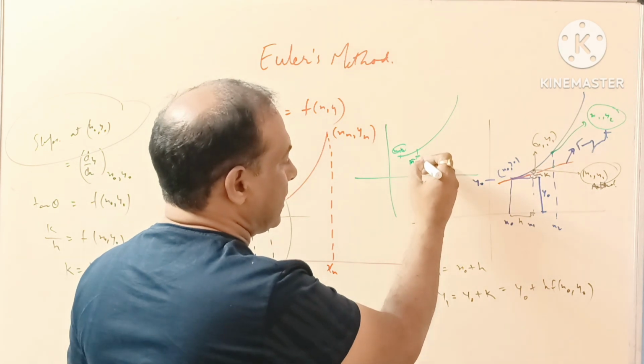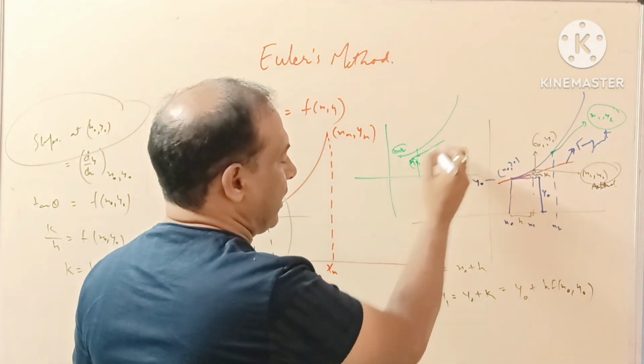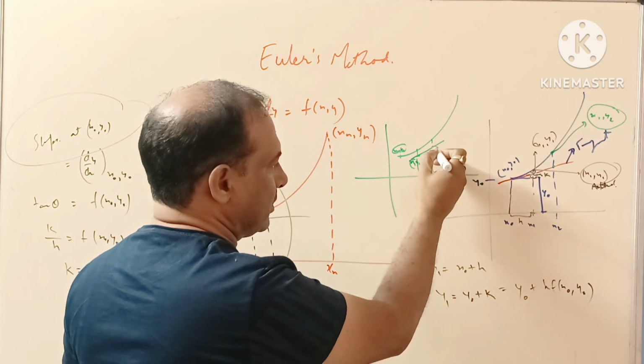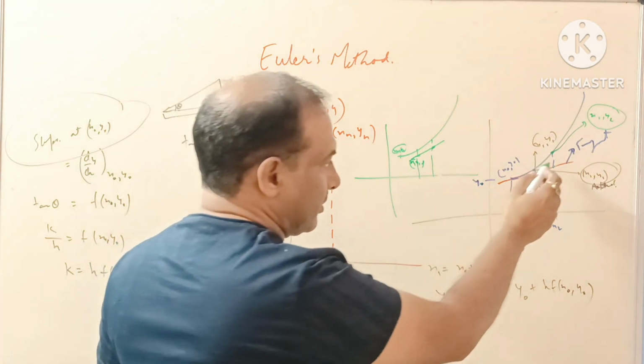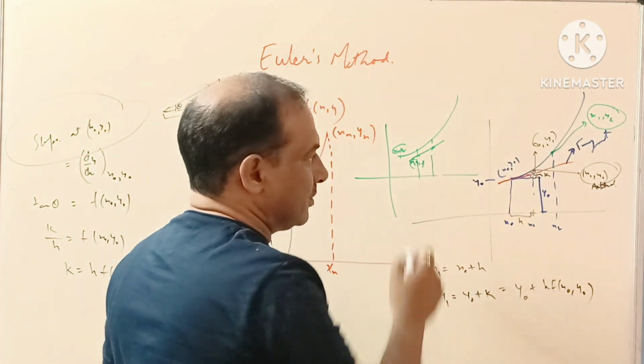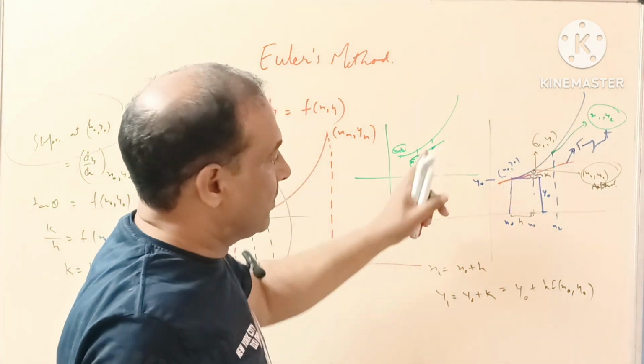I have to make a tangent here at x1, y1. Now this line will cut x2 here. Now this difference, which is much smaller than this one, shows why I have to go with this method.